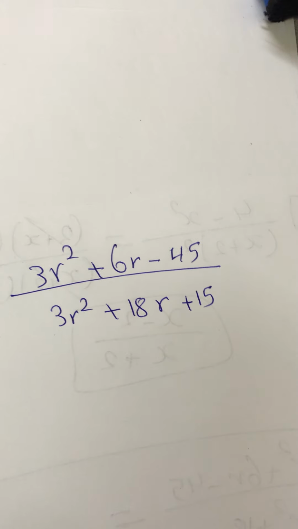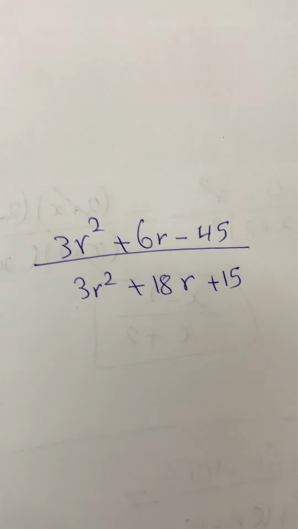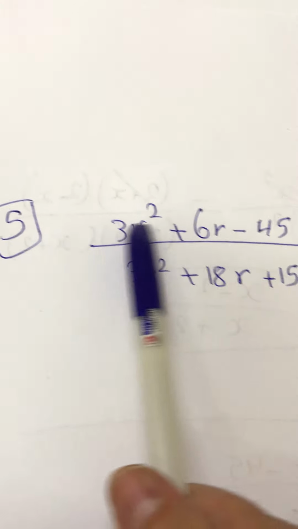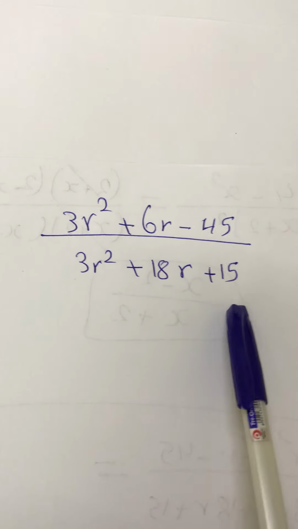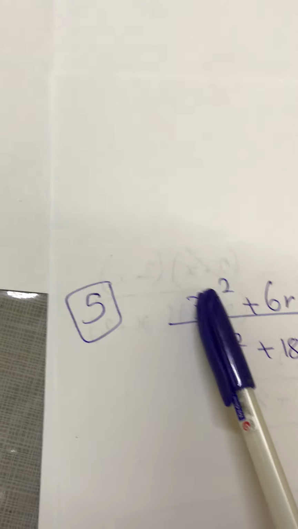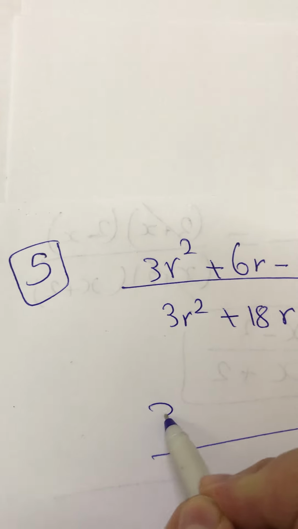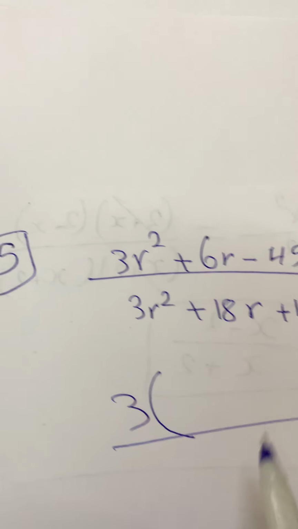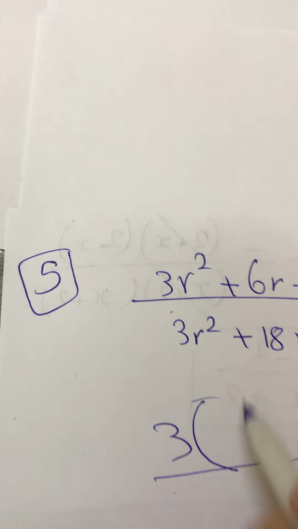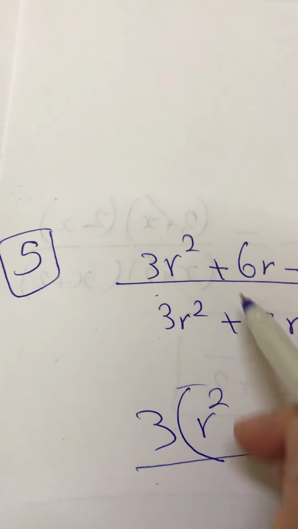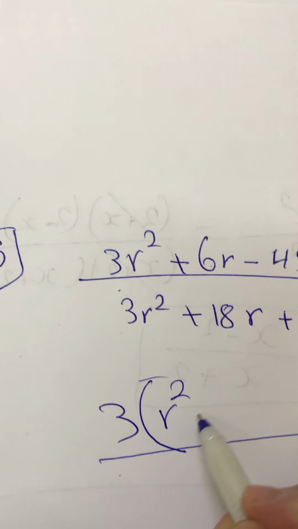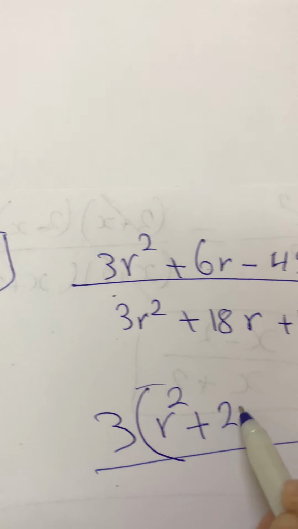Attention! In the beginning, we can take a common factor from upper terms and lower terms. Between the upper terms, I have 3, 6 and 45, so we can take 3 as a common factor. Then open brackets, 3r squared divided by 3 equal r squared. Positive 6r divided by 3 equal positive 2r.